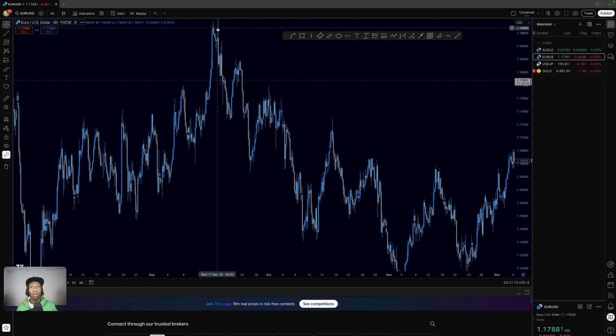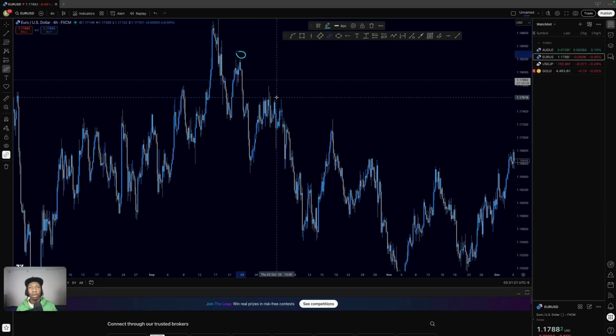This is another example of a downtrend market, which is making a series of lower lows and lower highs, reversed from this point. And then it starts to make some lower highs like this, lower highs like this, lower highs like this, lower highs like this, and then a lower low.